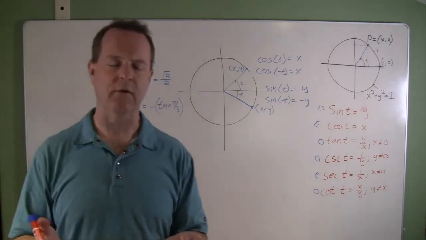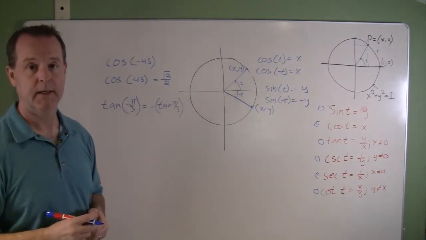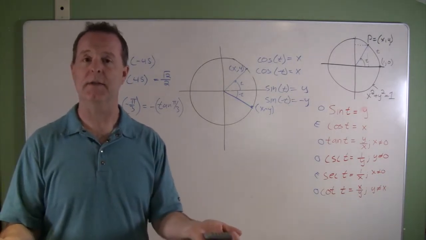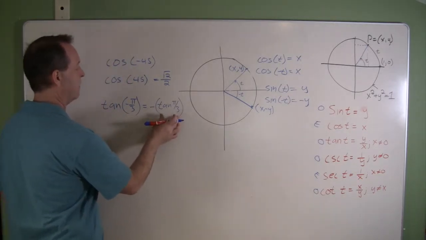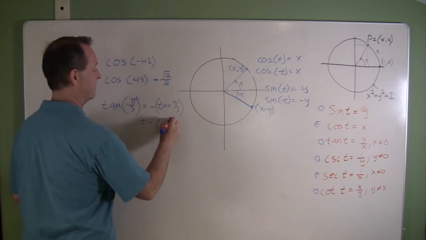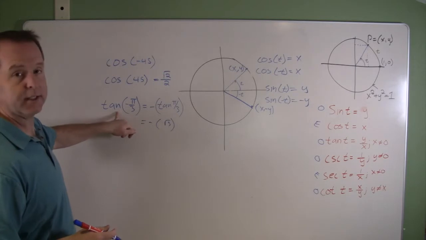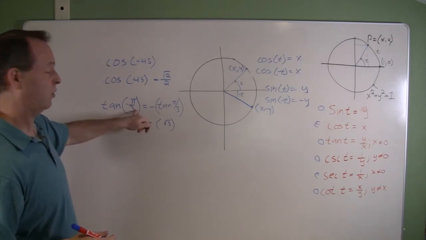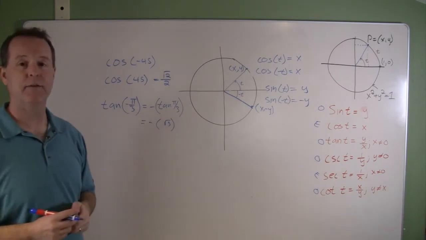And so now I just need to go back and remember, what was the tangent of pi thirds? Again, that was out of those triangles that we discovered a couple of sections ago. The tangent of pi thirds was root 3. So the tangent of an angle described by negative pi thirds radians equals negative root 3.